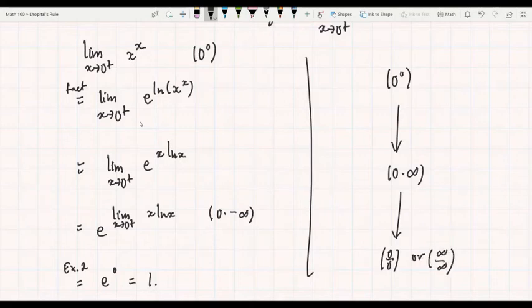So this applies to all exponential types, even infinity raised to 0 or 1 raised to infinity. We will use the fact to convert it to 0 times infinity, and then from 0 times infinity, we will finally convert it to 0 over 0 or infinity over infinity. So that is our general strategy for the three exponential indeterminate forms.